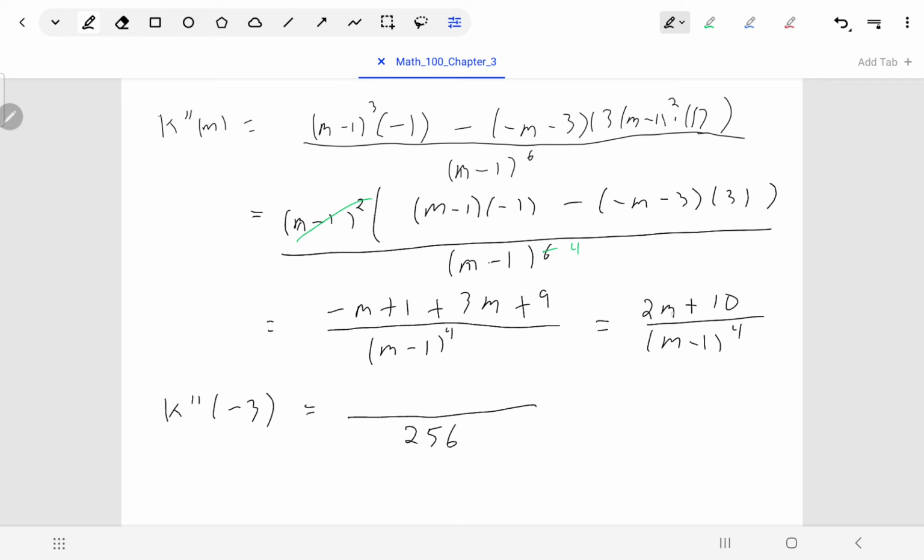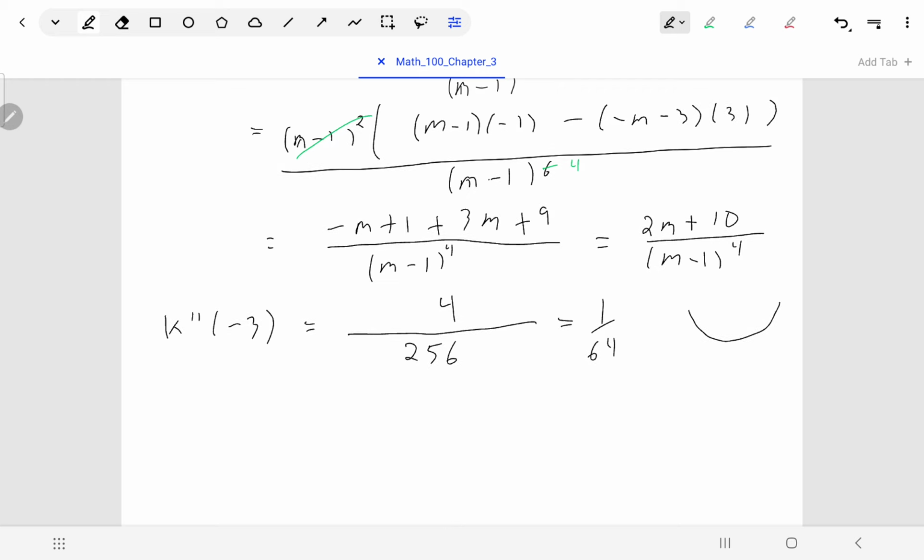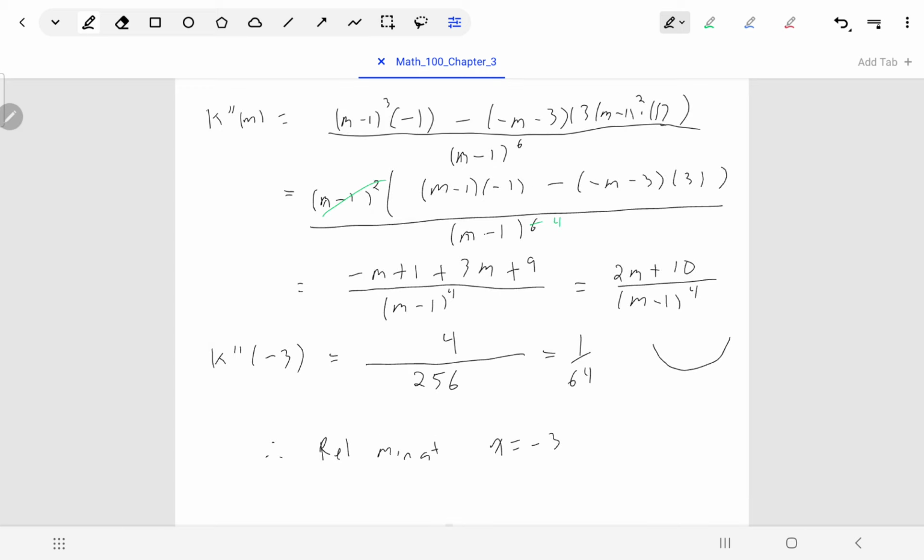And when I put in negative 3 in the numerator, I'll have minus 6 plus 10, which is 4. So 4 over 256, or 1/64th, which is positive, so we are concave upwards. So by the second derivative test, that means we must have a relative minimum at x equals negative 3, and that's, again, courtesy of the second derivative test.